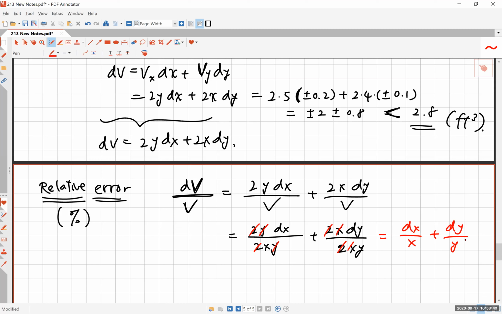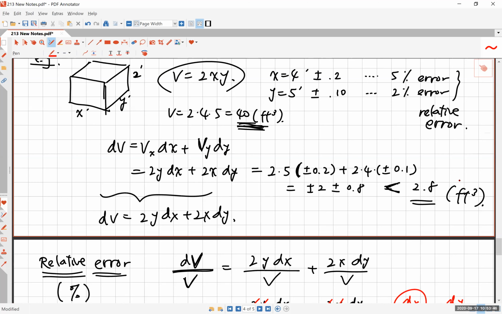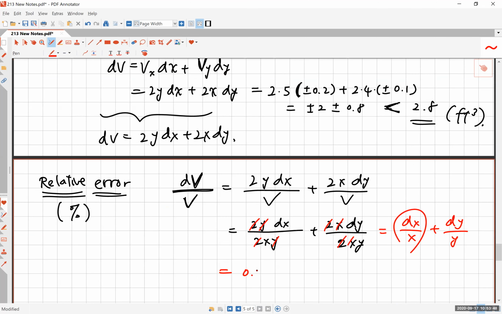Right? Now, we already knew what was the percentage on this one? 5% error, right? So this is 0.05. And then dy, see, this is the relative error of x. And this is, of course, a relative error of y, that's 0.02.